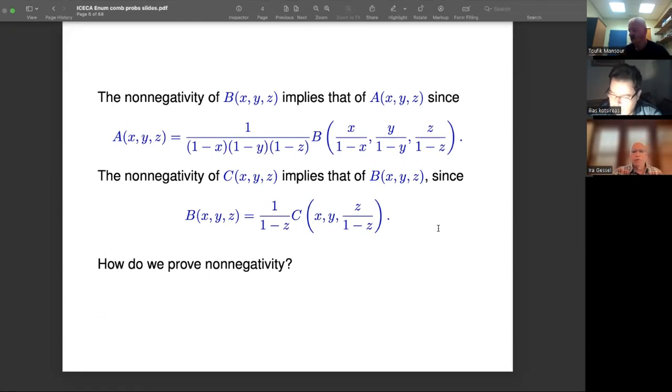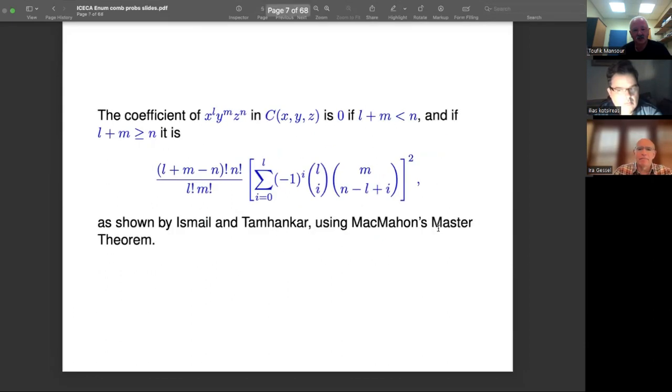So how can we prove this non-negativity? Well, there's one fairly straightforward way of proving the non-negativity of the coefficients of c, which also implies the non-negativity of a and b. The coefficients of c are basically squares.